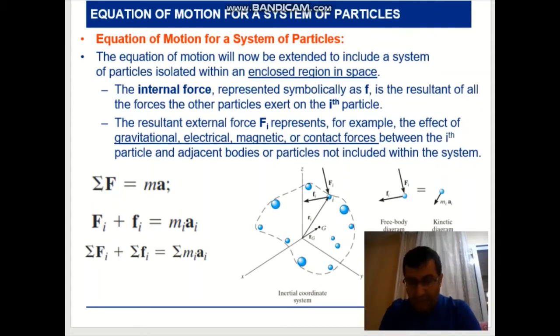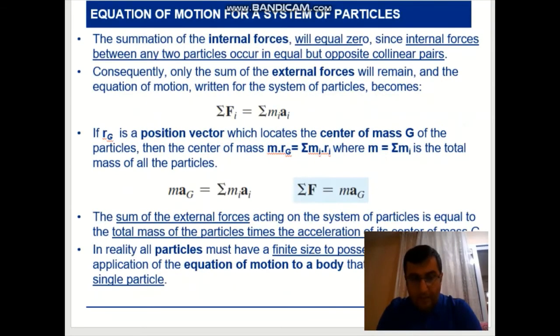This addition is going to give us each particle's mass multiplied by each particle's acceleration. So the system's equation of motion is stated as the total forces, internal and external, equal to the mass of each particle multiplied by the acceleration of each particle. But for the internal forces, we know that if the system is closed, the internal forces on each other are opposite, so they cancel each other.